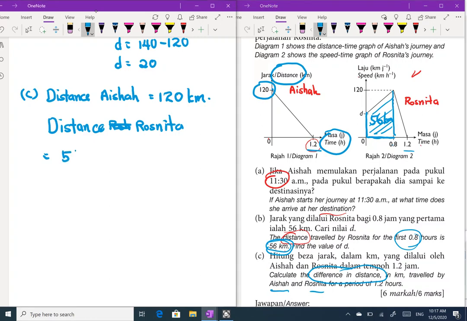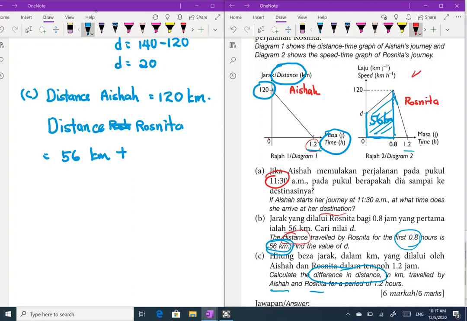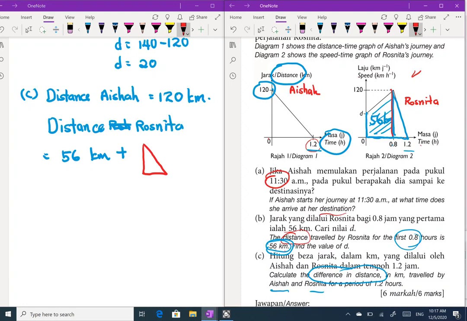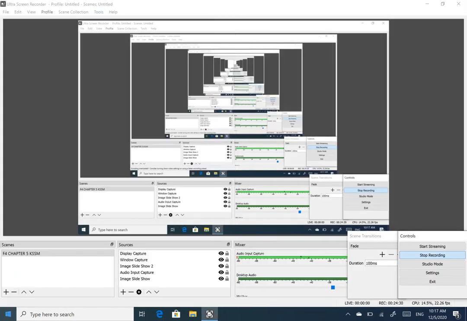So it's 56 kilometers plus the second part, which is this triangle. So the height is 120. And the difference over here is, oh, sorry.